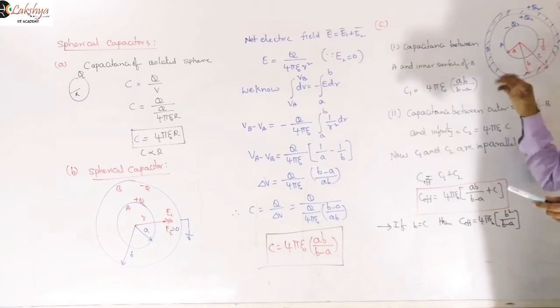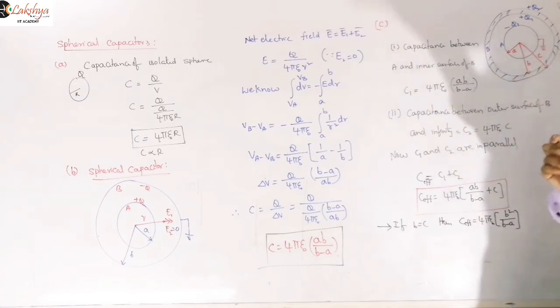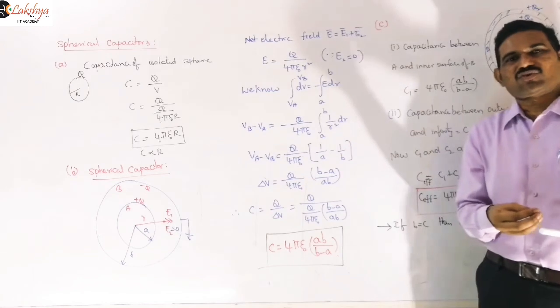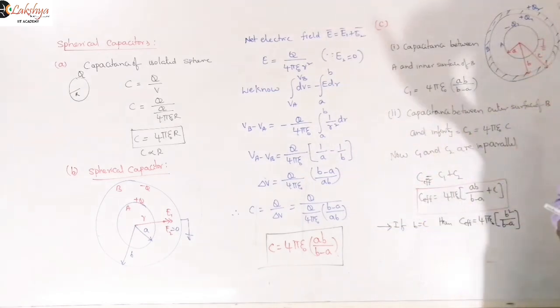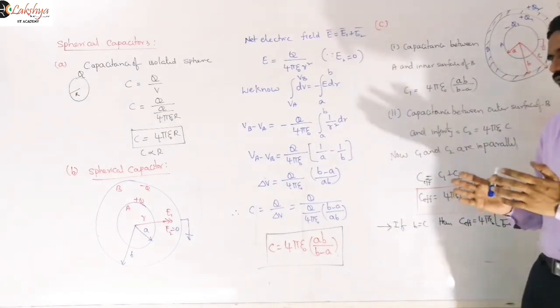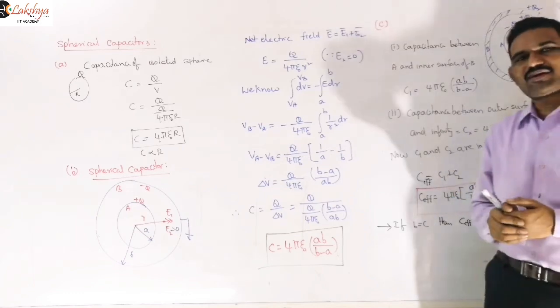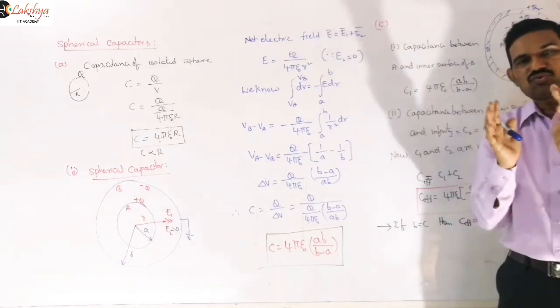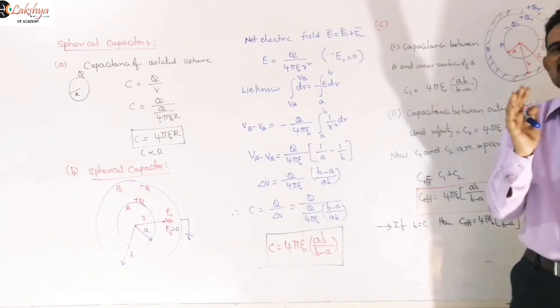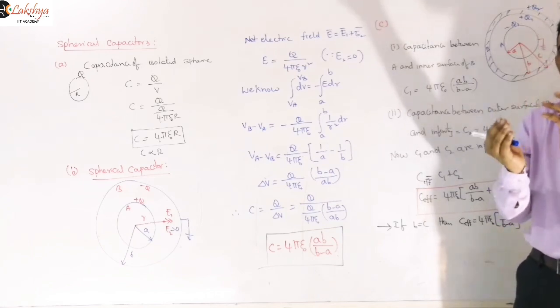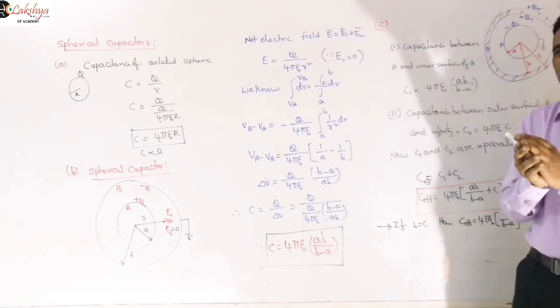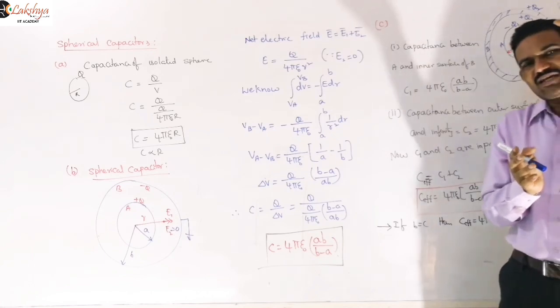For this you can apply this formula directly, because it is concentric spheres. Whenever you have concentric spheres, you can directly apply this formula: 4 pi epsilon naught into AB by B minus A between those two surfaces, irrespective of which is grounded. If the inner or the outer is grounded, you may get a difference in the net effective capacitance.